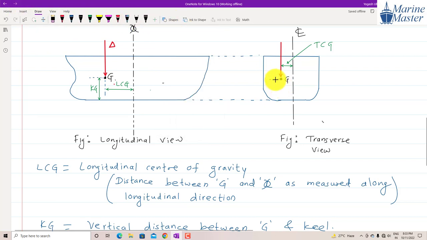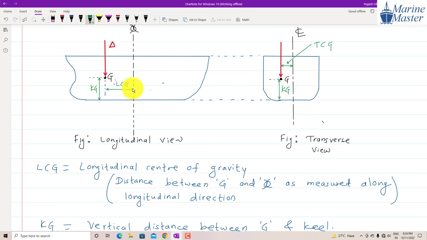This distance will be our distance between keel to G. This distance will be KG on this view, keel to G in the vertical direction. So KG we can show on the longitudinal view also, and on the transverse view also.